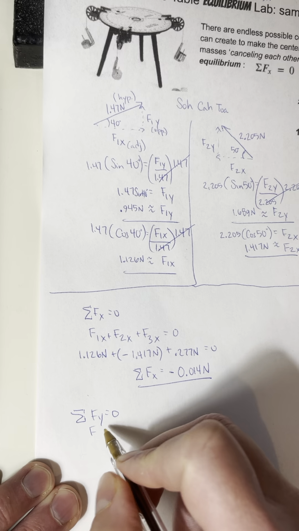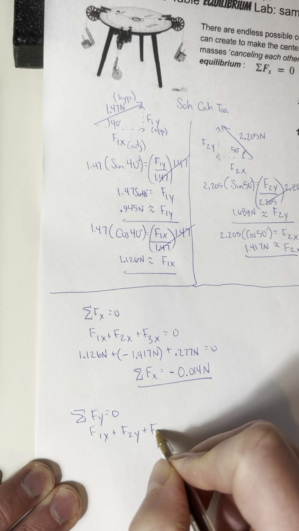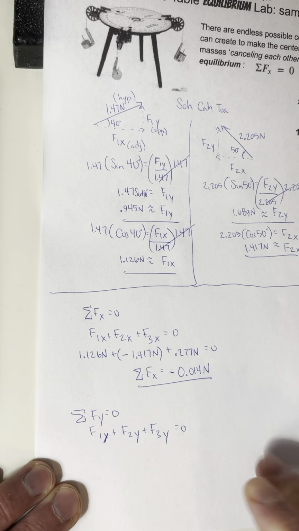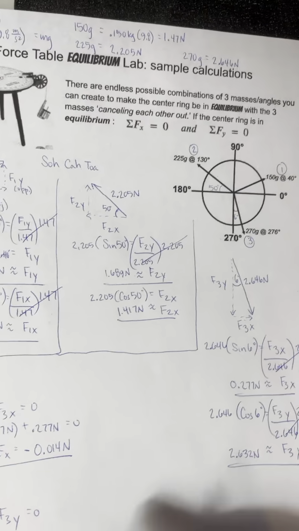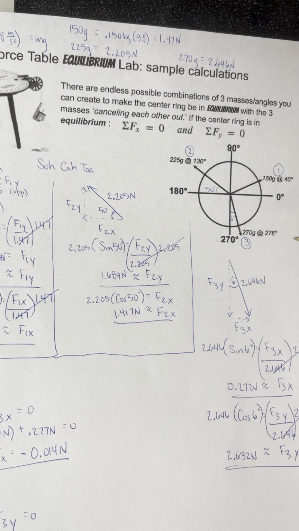So it should be force of 1 in the y direction plus force of 2 in the y direction plus force of 3 in the y direction should equal 0. So again, taking into account directional signs, 1 and 2 are both up, so we'll make those components positive, but force 3 is downward, we'll make that one negative.